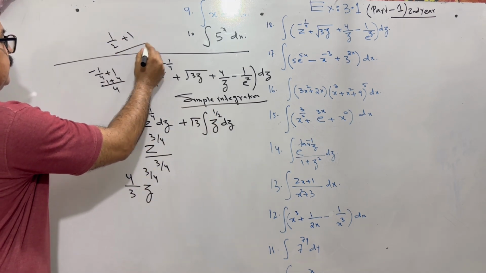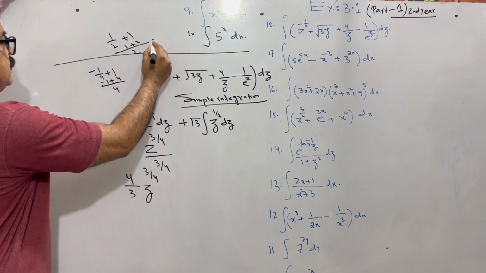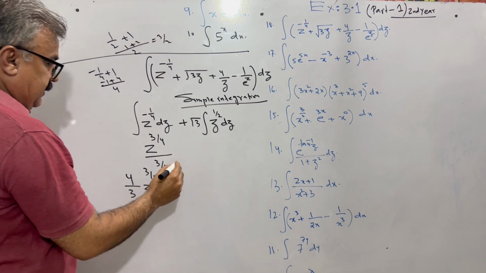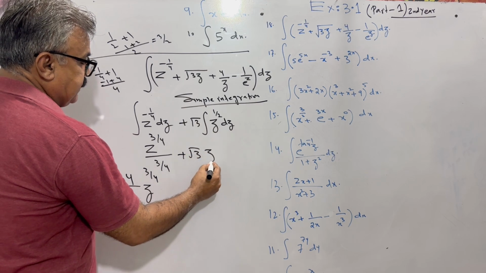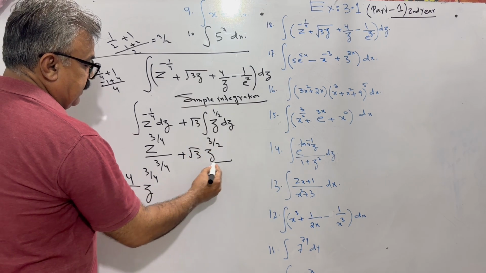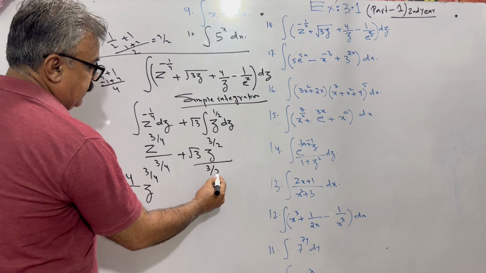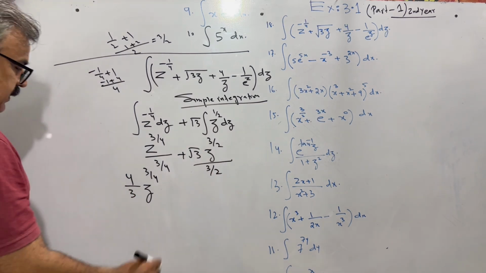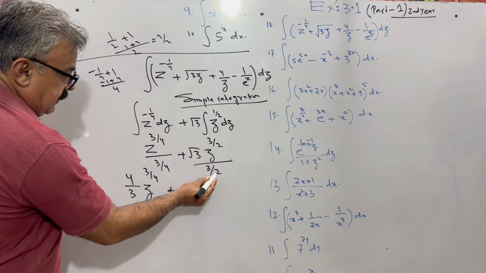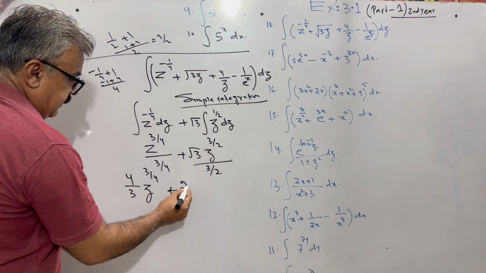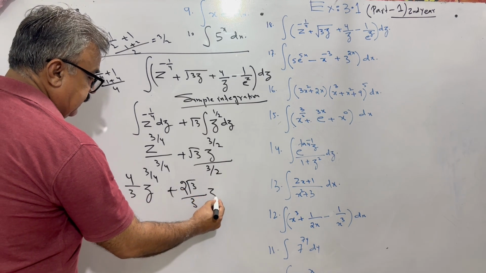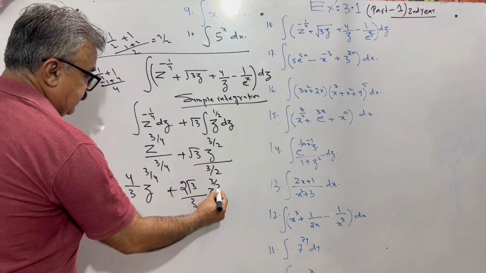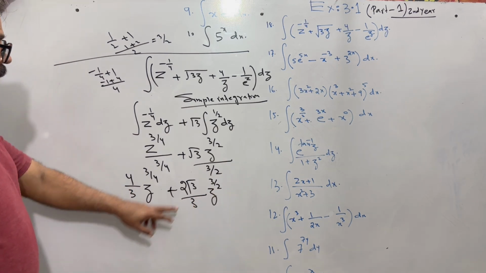So we get plus root 3 z raised 3 over 2, dividing by 3 over 2. Settle it down: 2 will be in the numerator, giving 2 times root 3 over 3, z raised 3 over 2.